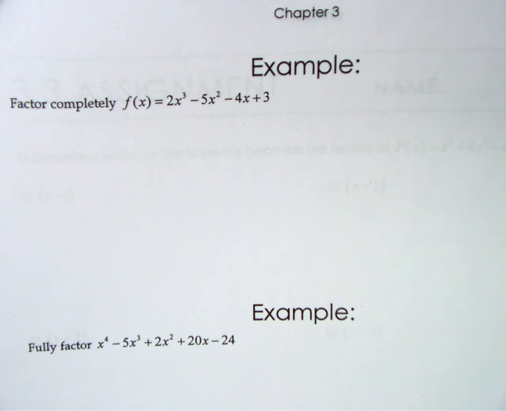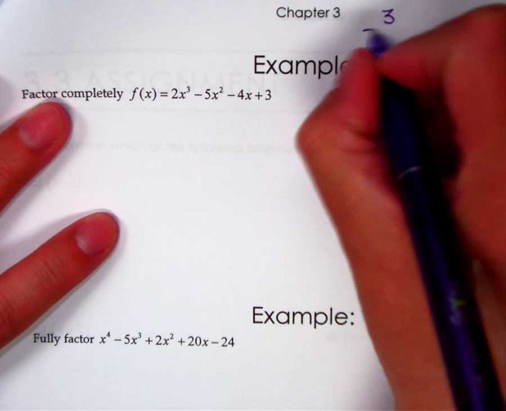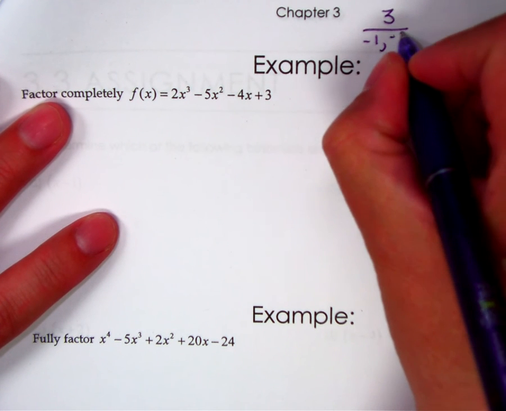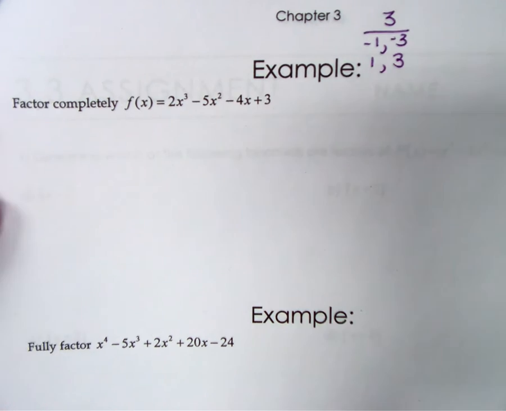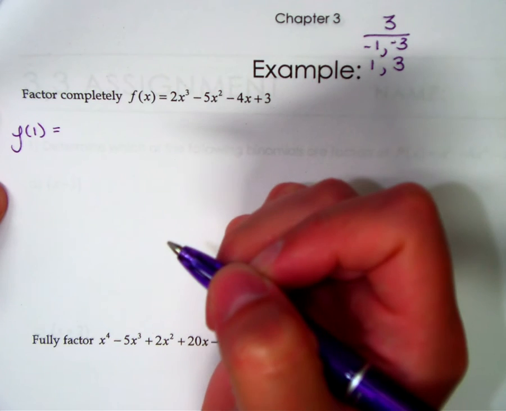Hey, it's 3. So how many factors do you have to check? You have a possibility of 4, right? But where are you going to start? Yeah, don't do it, guys.